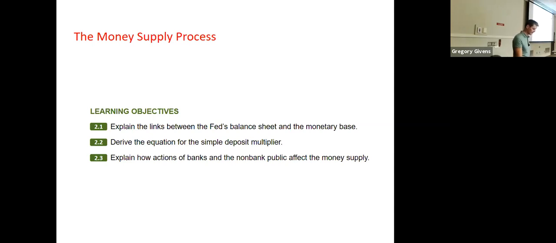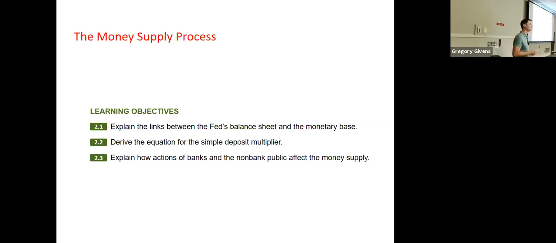Our investigation of this is going to proceed in 3 steps, okay, which I've kind of outlined here as these learning objectives. In step 1, which is really all we're going to be able to cover today, we want to establish a link between 2 really important concepts that you might not be at all familiar with. One is this thing called the Federal Reserve's balance sheet, and specifically how the Fed's balance sheet is linked to this concept called the monetary base.